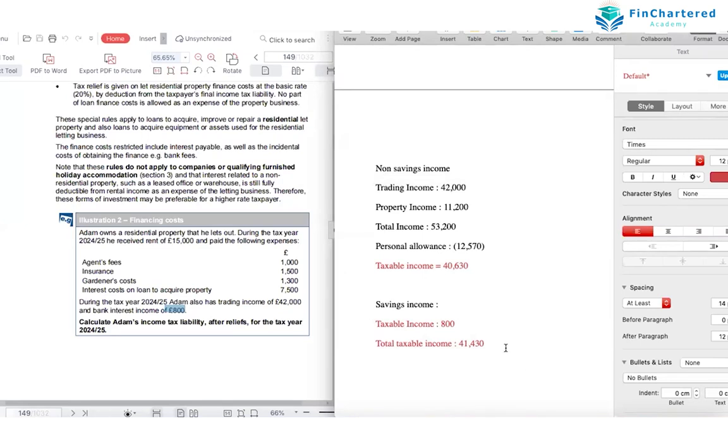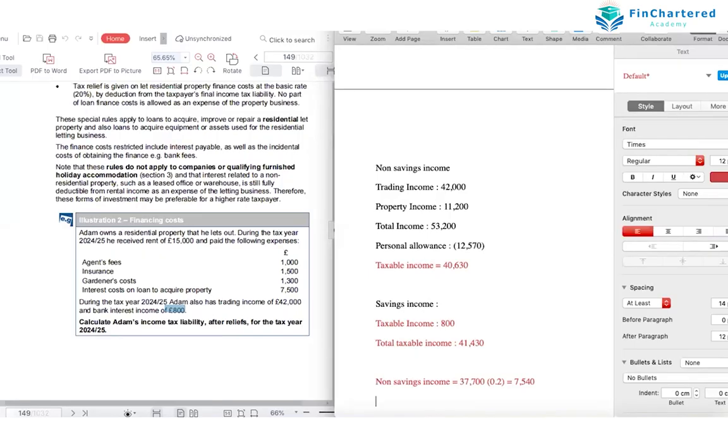Now, what happens is, your non-savings income up to 37,700 we are taxing at 20%, which is 7,540. No need to calculate this because we know this figure.